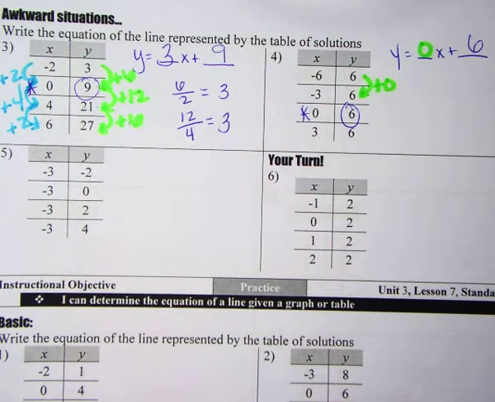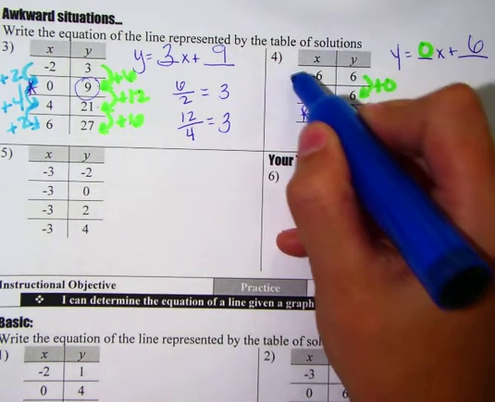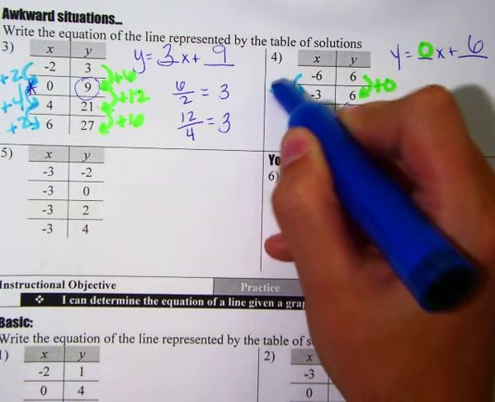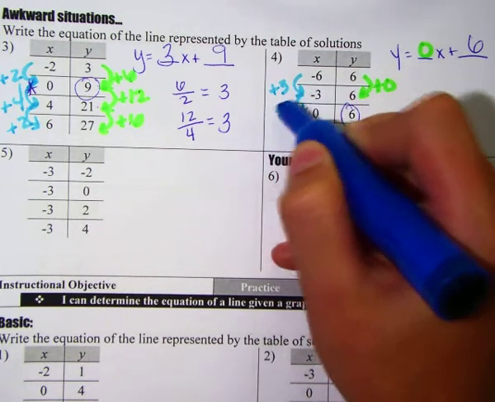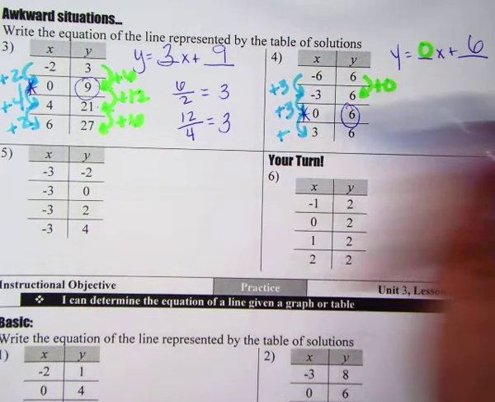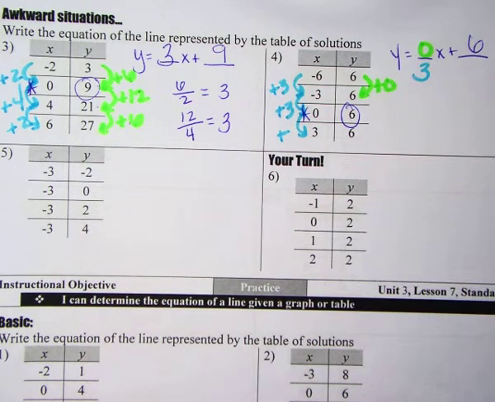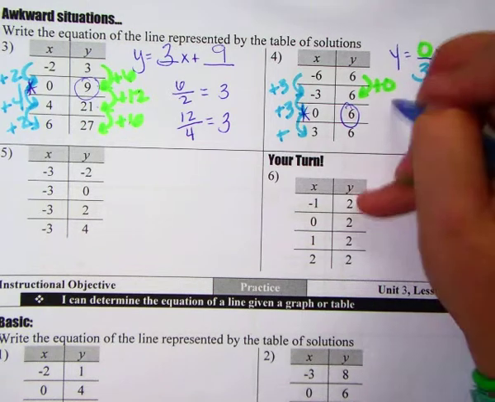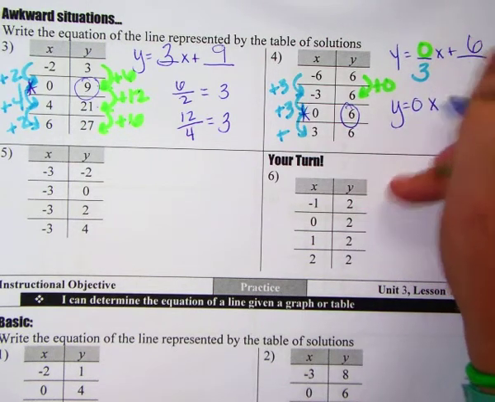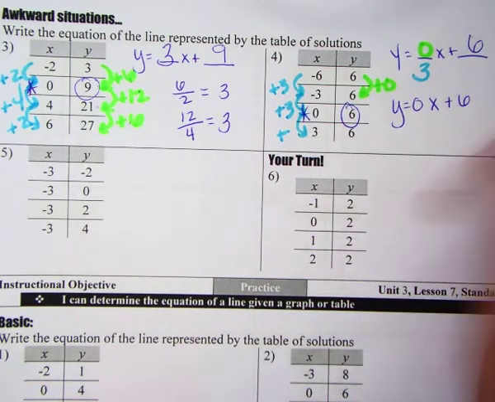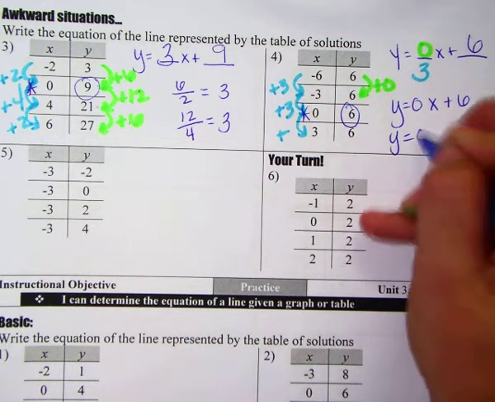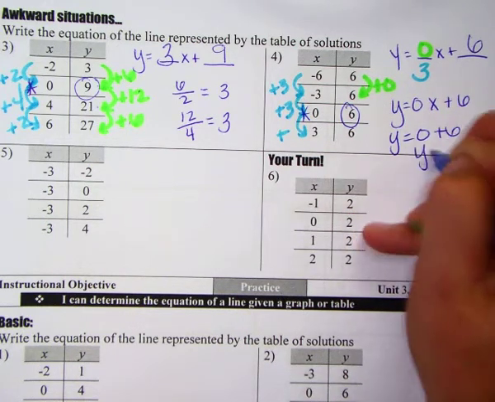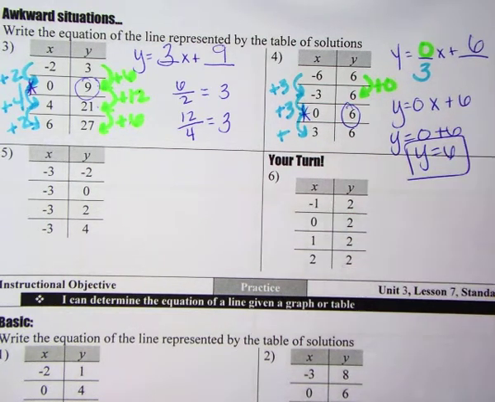The change in my x values, which is my run, is adding 3. What is 0 divided by 3? That's 0. 0 times x is 0. So the equation is just y equals 6.